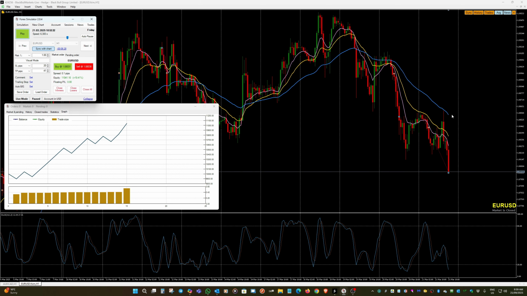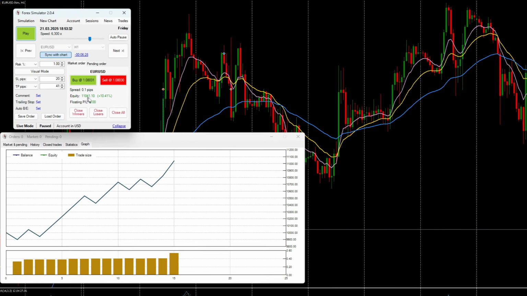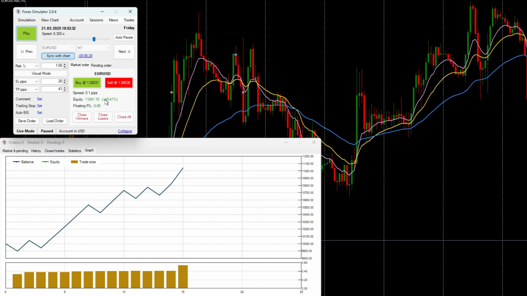Okay, we almost got stopped out there with a retracement, but it did actually hit our take profit. So this has now reached $11,000. So we've made a 10% profit, 10.41%. And we have achieved our target, which we were aiming for a 10% profit to pass a prop firm challenge.